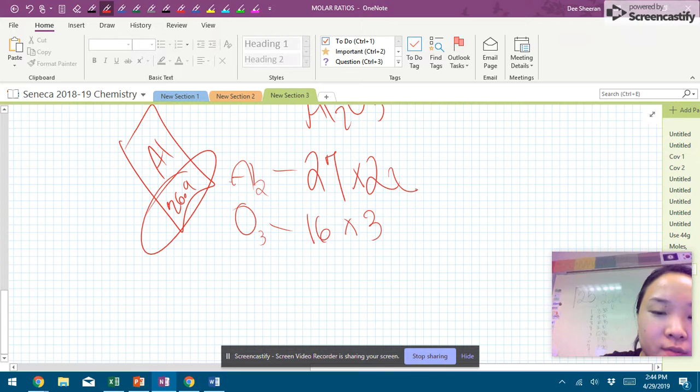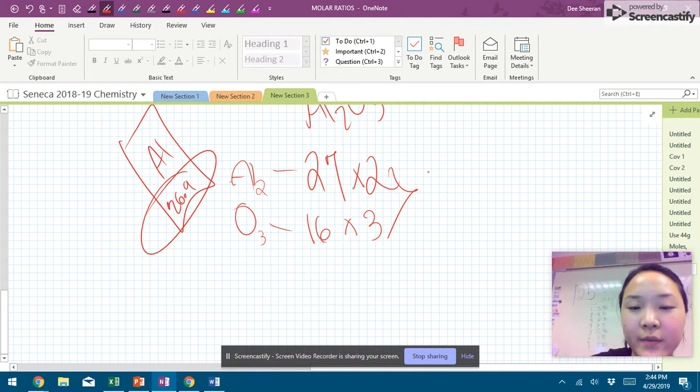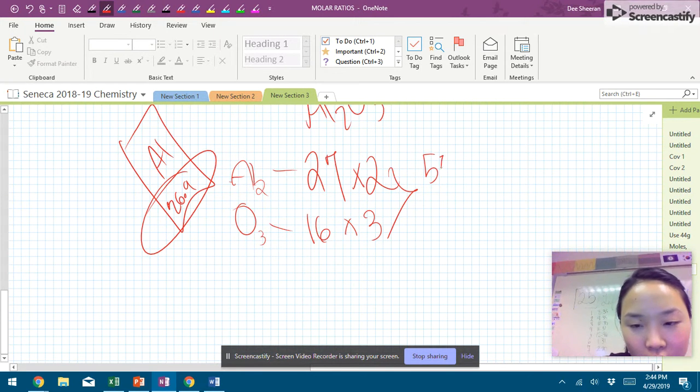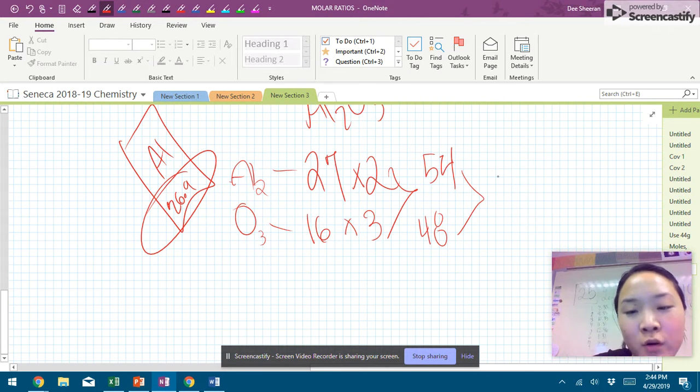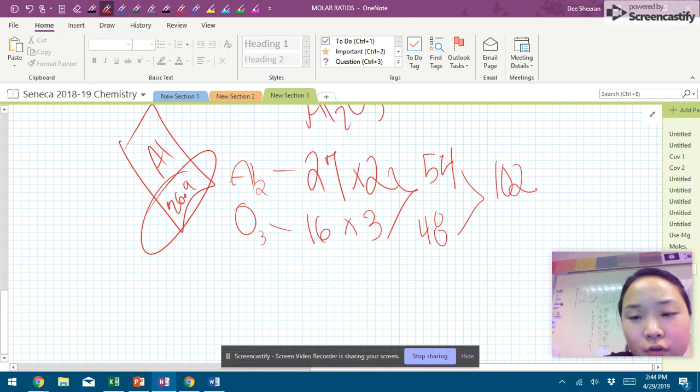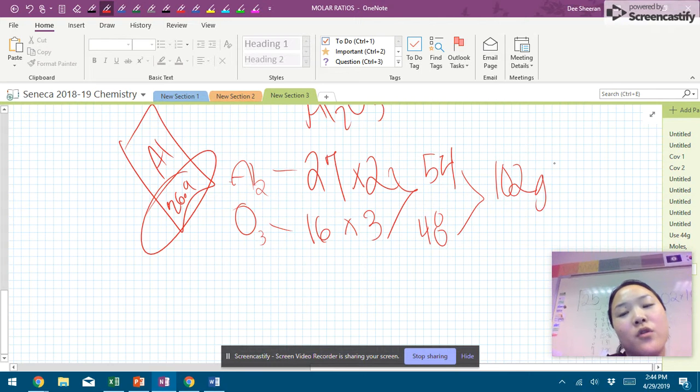Now let's multiply and add. 27 times 2 is 54. 16 times 3 is 48. Add them together. 54 plus 48 is going to be 102 grams per mole.